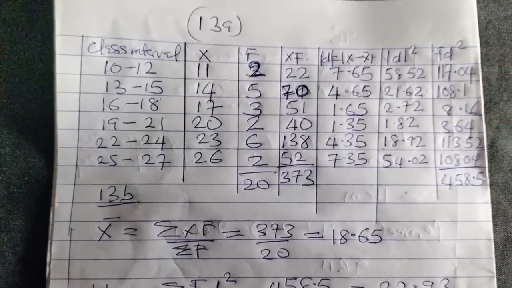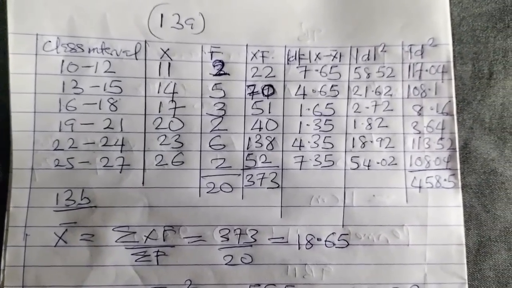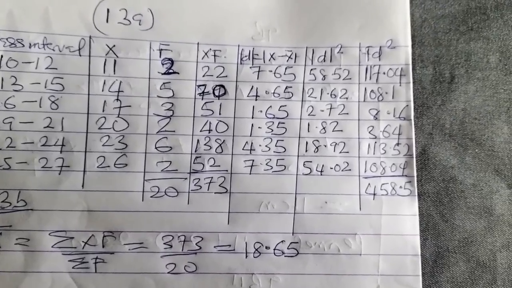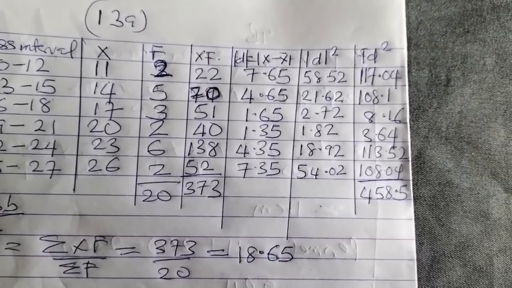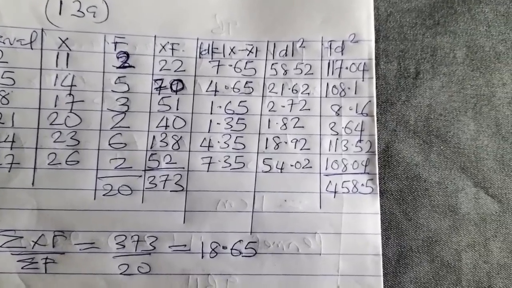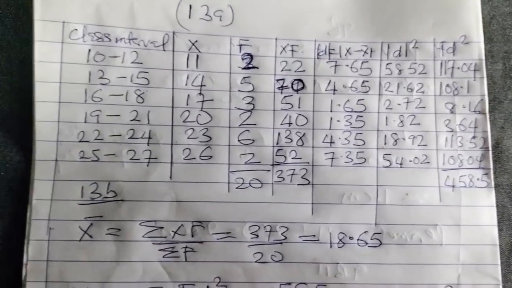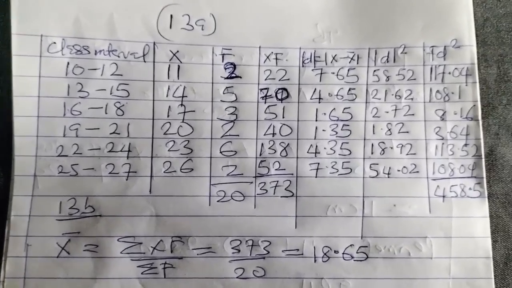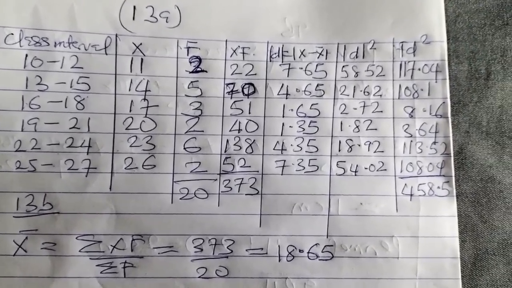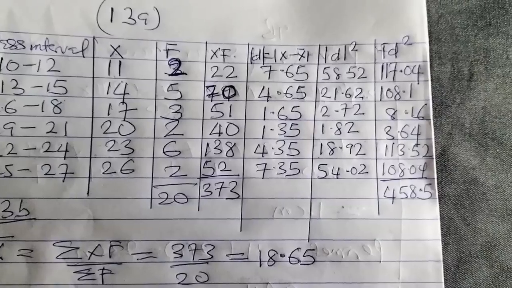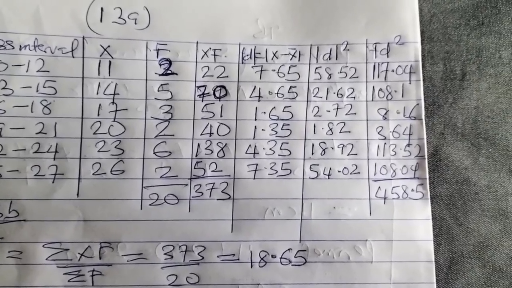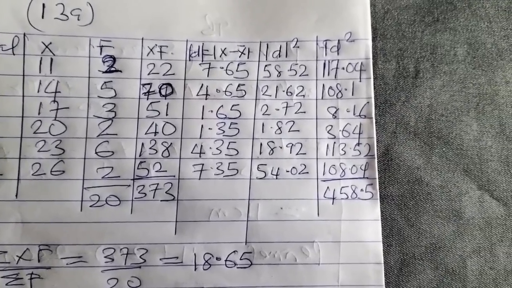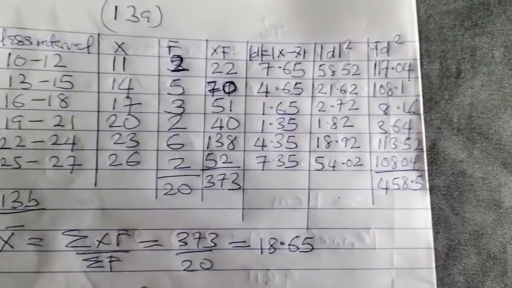Then going to 19 to 21, the X value is 20, F is 2, FX 40, deviation from the mean 1.35, deviation squared 1.82, then F times D squared 3.64. The 22 to 24 class interval, the X value is 23, frequency is 6, FX 138, the deviation from the mean 4.35, then D squared 18.92, then FD squared 113.52.